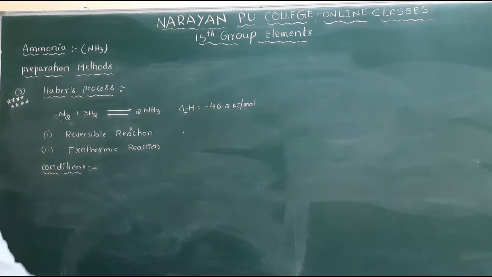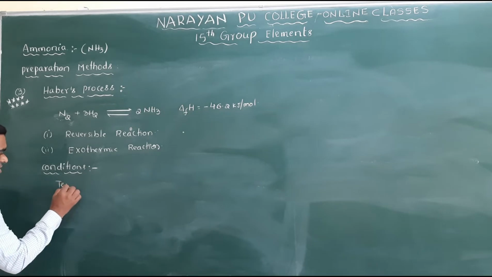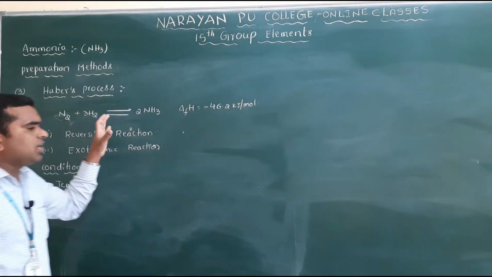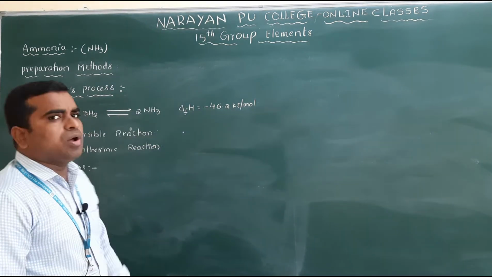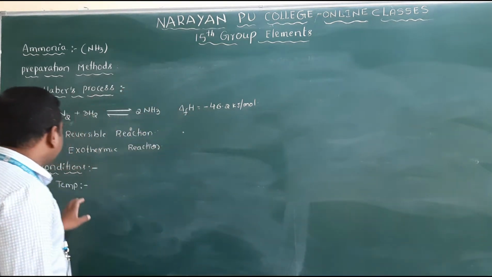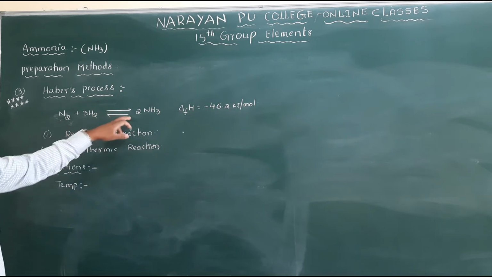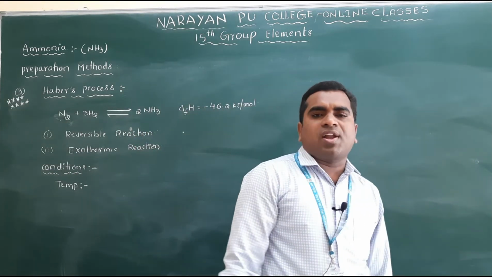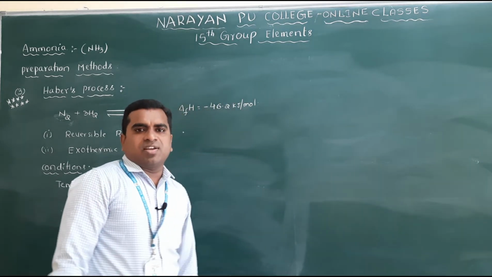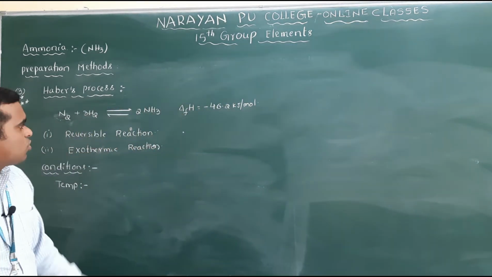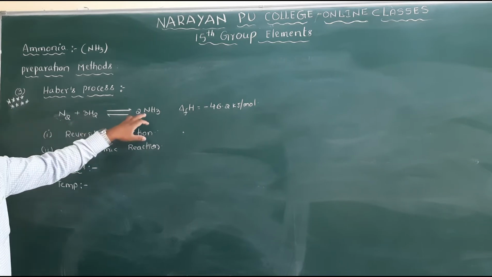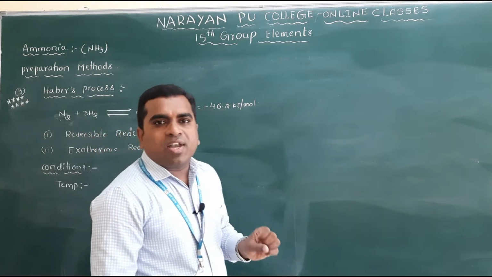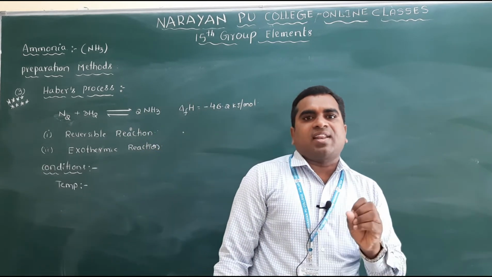The first one is temperature. How much temperature to maintain to get a very good yield of ammonia? This is a forward exothermic reaction, and you have already studied Le Chatelier's principle in the first year. Whenever the forward reaction is exothermic, low temperatures are favorable for that reaction.